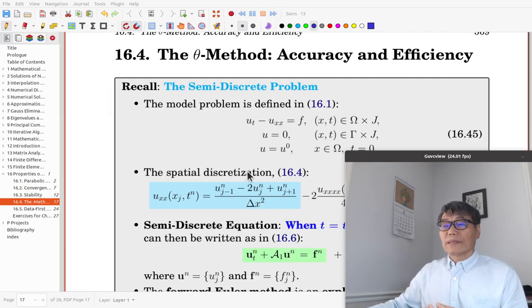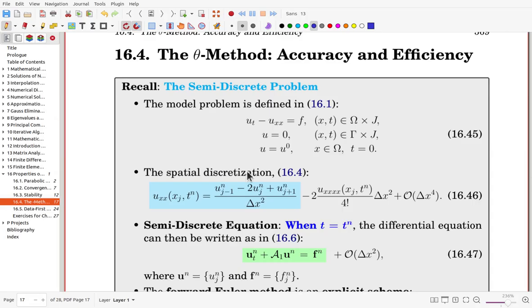Let's see here. For the spatial discretization of u_xx, we are using this second-order difference scheme, and we define A1, the operator, with negation of this term, and we formulated this semi-discrete equation.